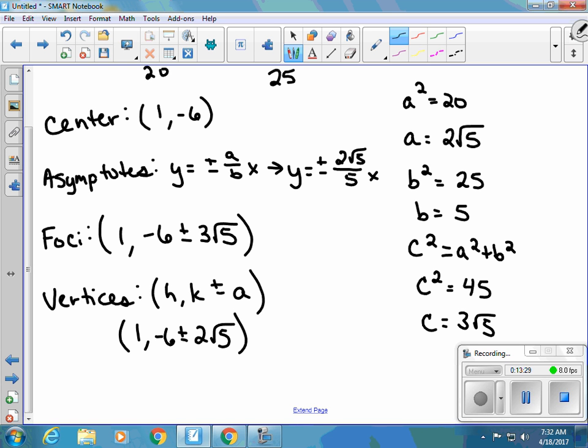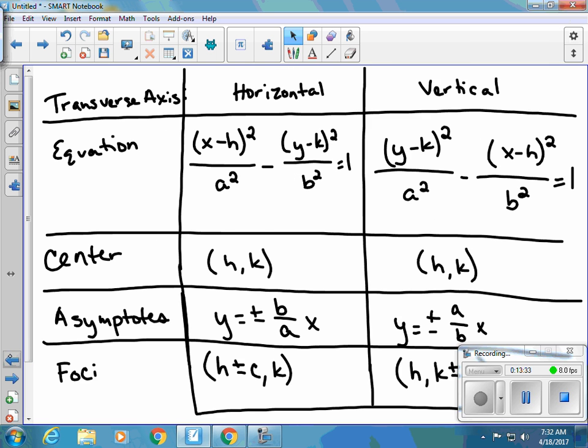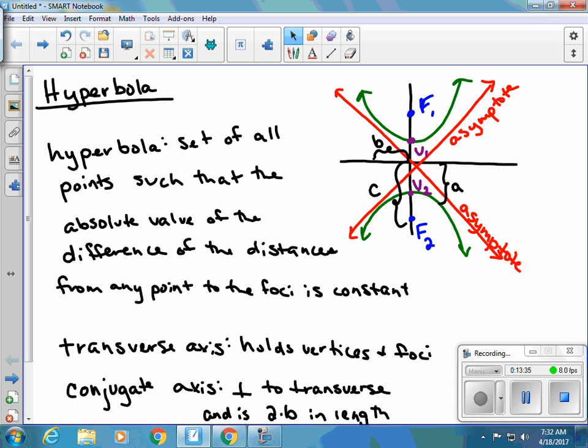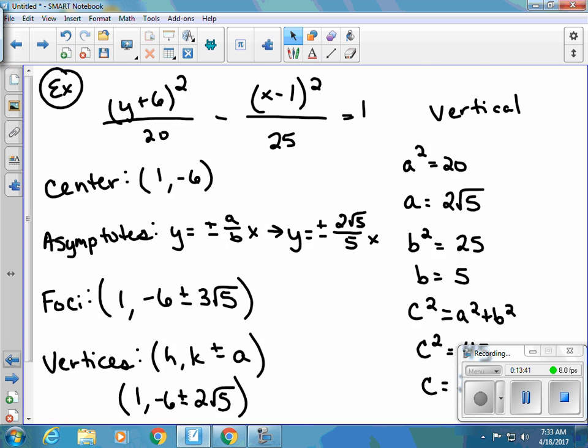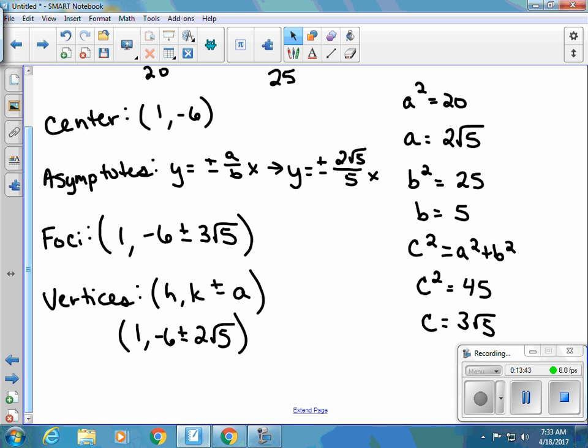So really not that much different than what our foci points were. And you can see going back on this, our a value was to our vertices. So you might want to write that additional vertices on the chart. Actually, we'll just do that now.